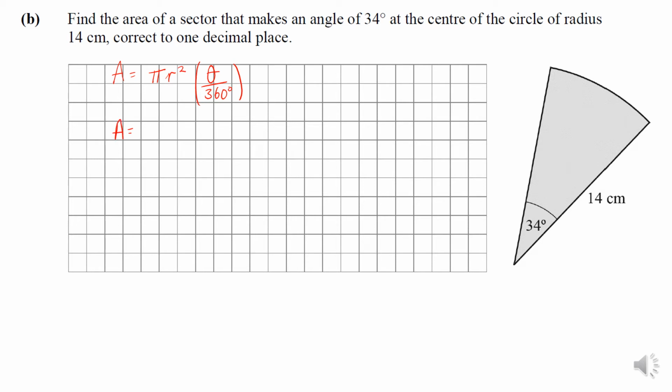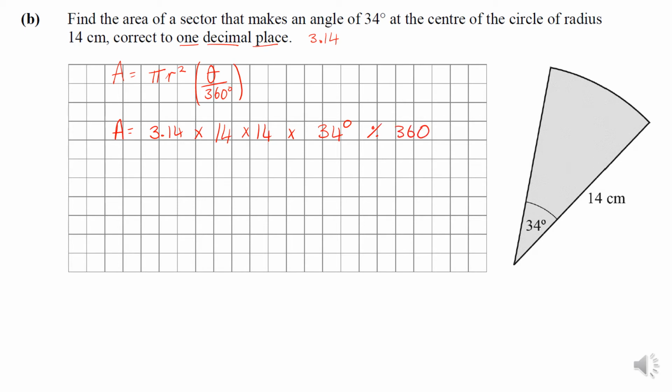We're asked to give our answer correct to one decimal place, so we'll be using pi as 3.14, the decimal version. So 3.14 multiplied by r squared. In our case, r is 14, so you can write 14 squared or 14 by 14. Multiplied by theta, which is 34 degrees, and then we'll be dividing by 360.